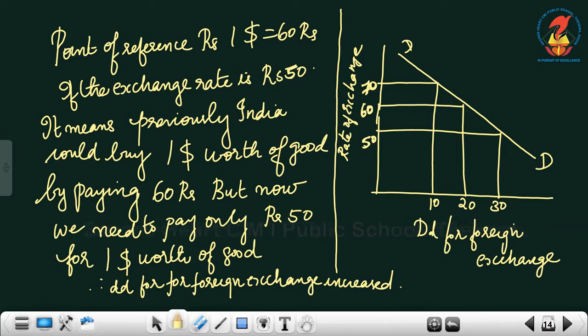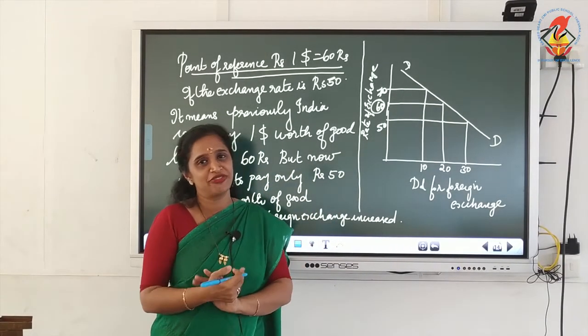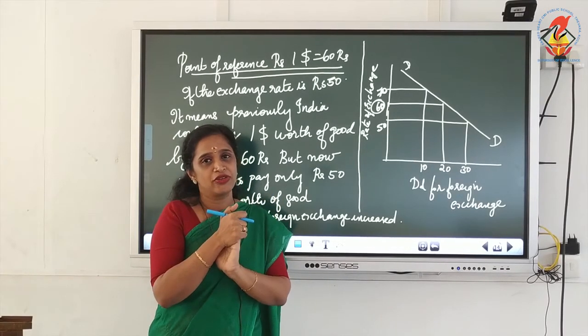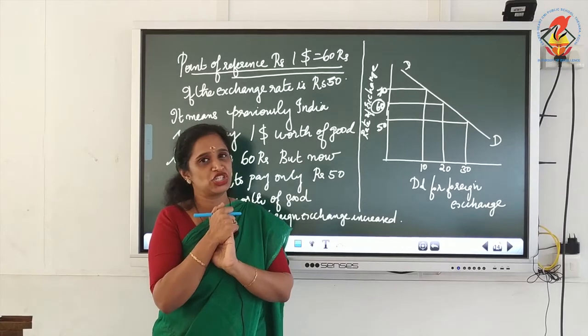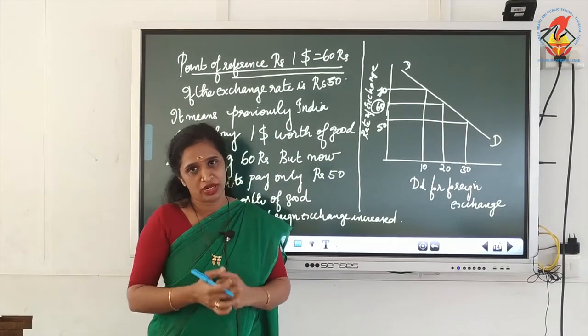Here the point of reference is $1 equal to 60 rupees. From rupees 60, the dollar value is increasing to 70 as well as decreasing to 50. This is for a better understanding of the inverse relationship between demand for foreign exchange and price of foreign exchange.